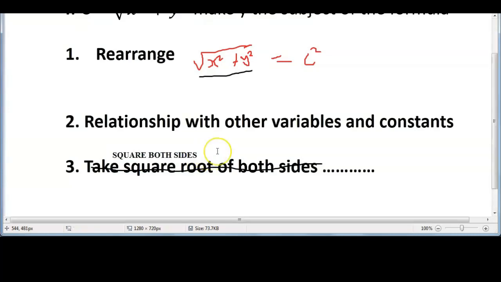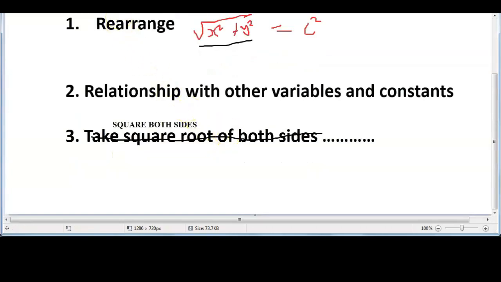So if we are squaring both sides, we're going to have the square root of x square plus y square goes to c square.